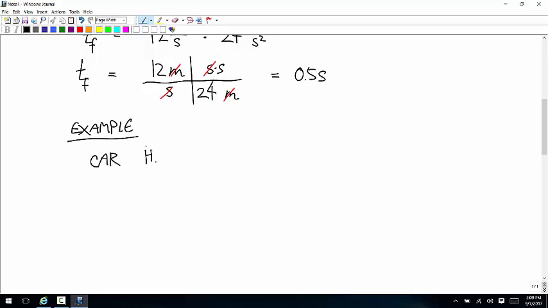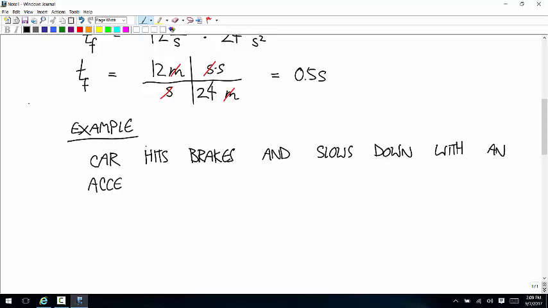A car hits the brakes and slows down with an acceleration magnitude, so this can be plus or minus, of 8 meters per second squared.